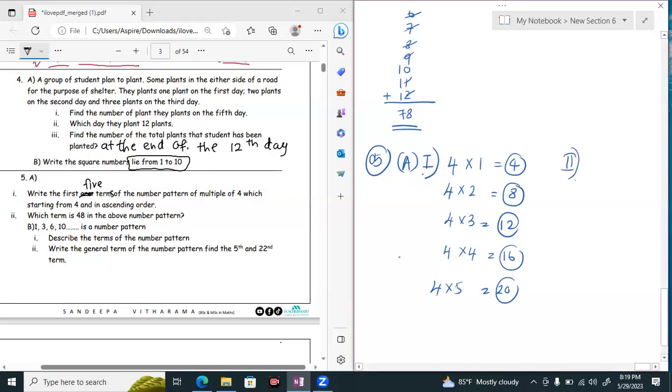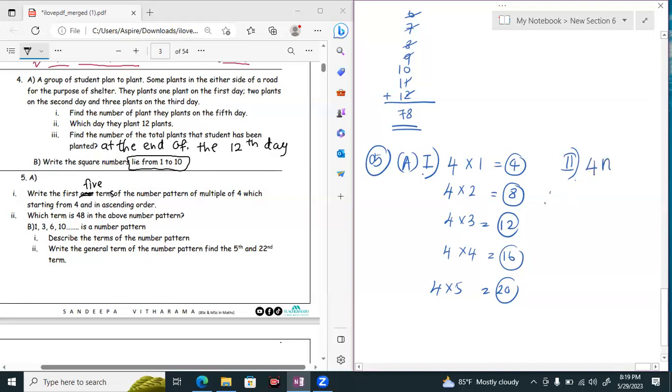Which term is 48 in the above number pattern? What is the general term of this number pattern? It is 4n, very good, because they are multiples of 4.